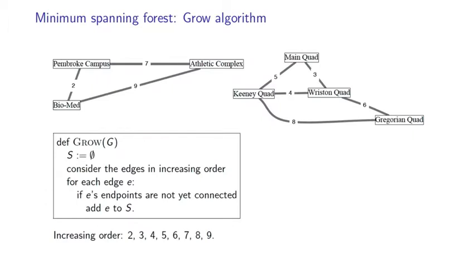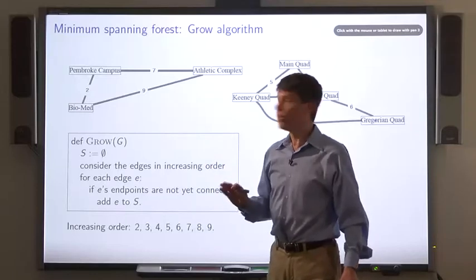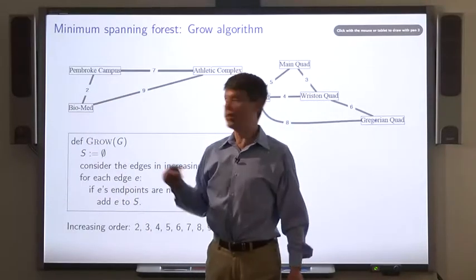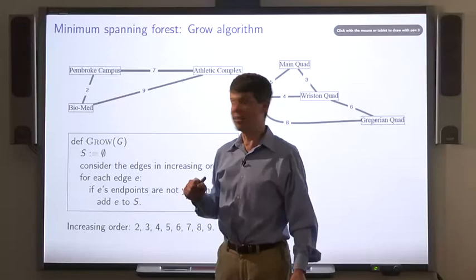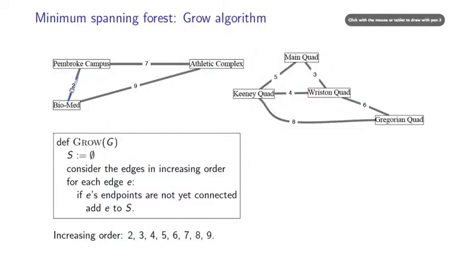Let's try this out. The first edge is the weight 2 edge. Now, so far, we've selected no edges. So certainly, these endpoints are not connected using the edges selected so far. So we'll add this to our set of selected edges. Next edge is 3. All right, the endpoints are not yet connected, so we'll add this edge.